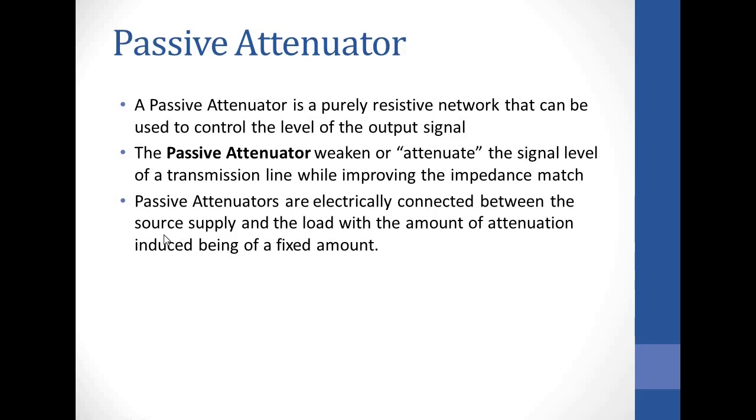There are three most important things that are required of our attenuator. We should know the input impedance. We should know the output impedance. We should also know the attenuation. And it should give us the correct attenuation, correct input impedance, and correct output impedance. That is basically what we are getting from these points.